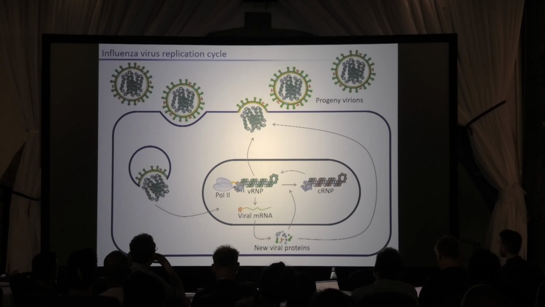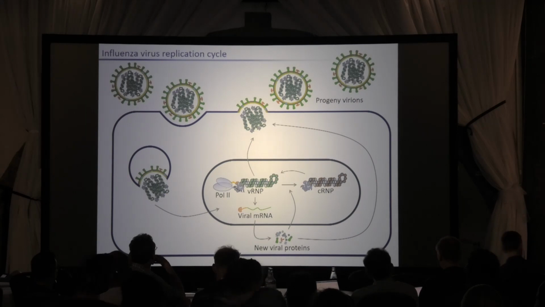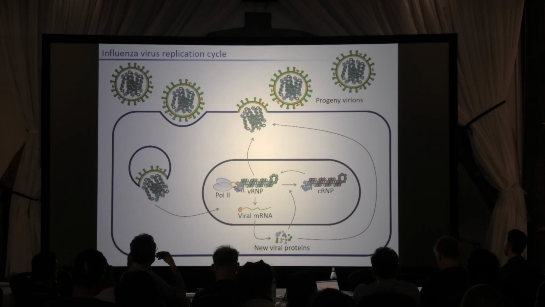A brief overview of what goes on during infection. The virus fuses, is endocytosed, and then by mechanisms that are not particularly well understood, these RNPs translocate into the nucleus.